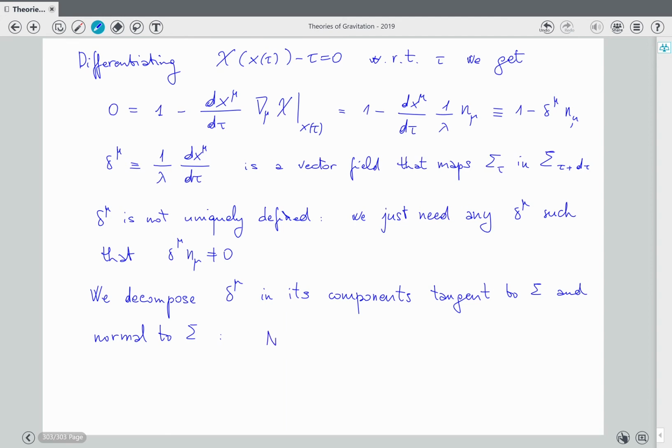So we define capital N mu as the component tangent to sigma, and capital N as this product delta nu n nu.